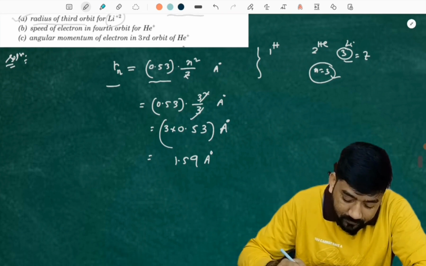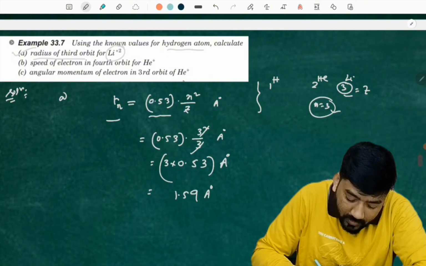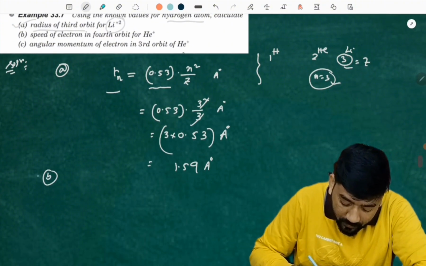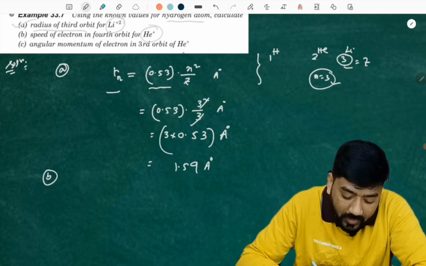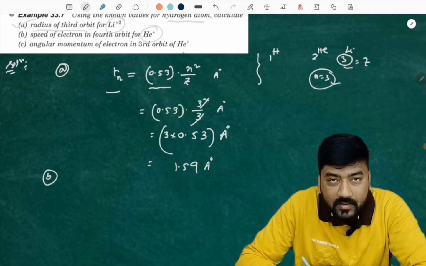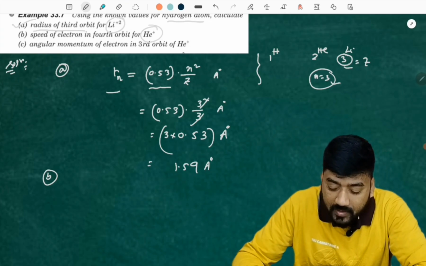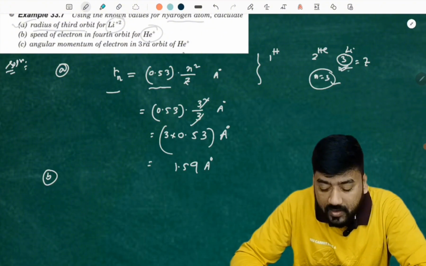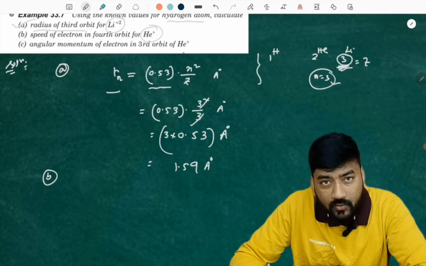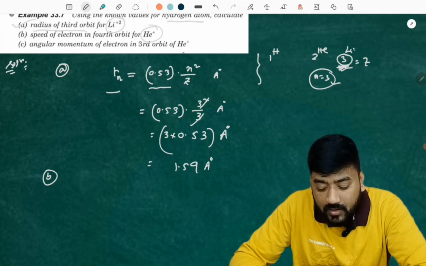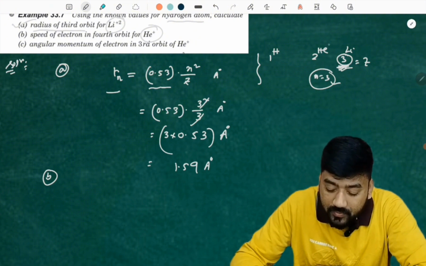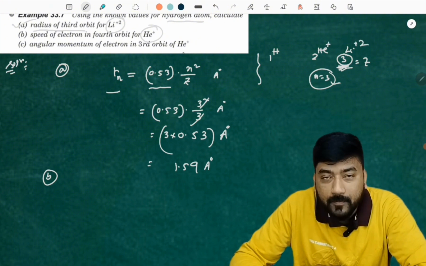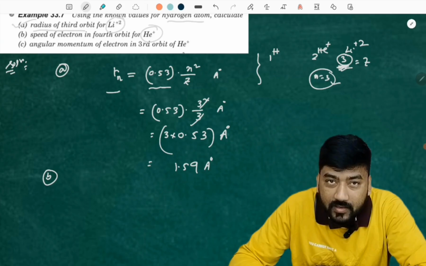Now second, what is in question number b? This is for question number a. In question number b there is a little variation, the atom is different, it is helium plus. So why is it lithium plus 2 and helium plus, why is it not lithium? See, the atomic number will be fixed, but the number of electrons in the outer orbit will be different for lithium and lithium plus 2, for helium and helium plus 1, because for helium plus 1 and lithium plus 2 only one electron will be there in the outer orbit.